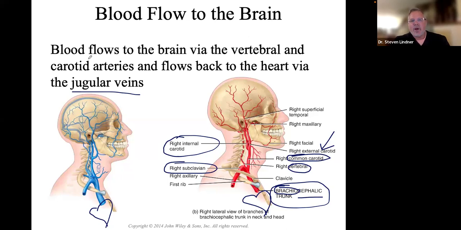So the vertebral arteries and the carotid arteries are going to bring blood flow into the brain. And the reason we need that is because the neuron needs oxygen, and the neuron also needs fuel, so it needs glucose in order to function.